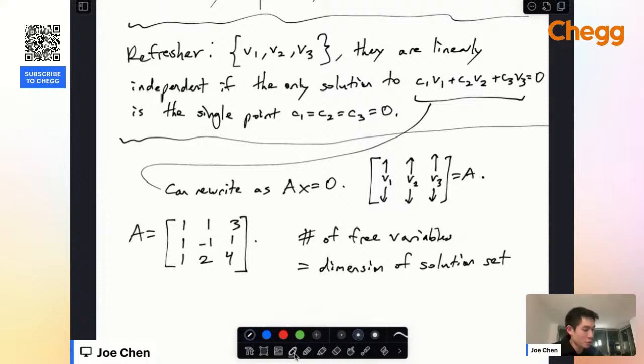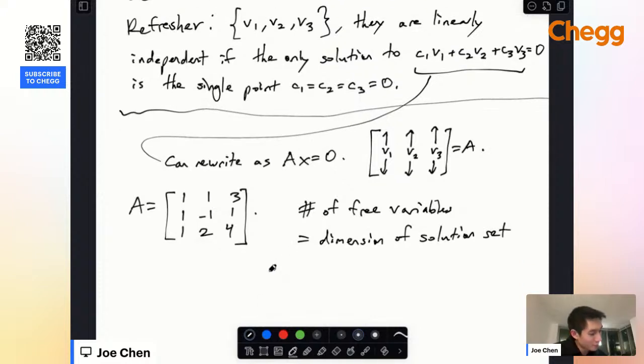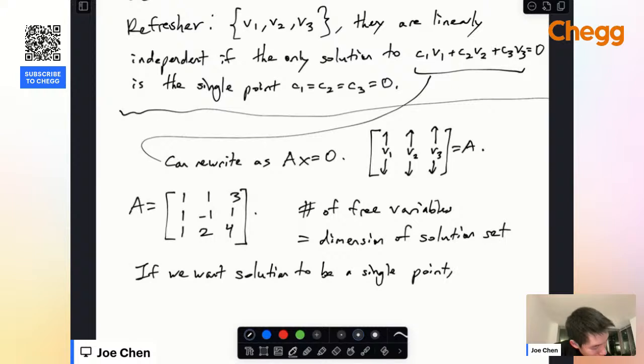You should think of a single point as just a 0-dimensional set. So if we want the solution to be a single point, then we need the number of free variables to be 0.